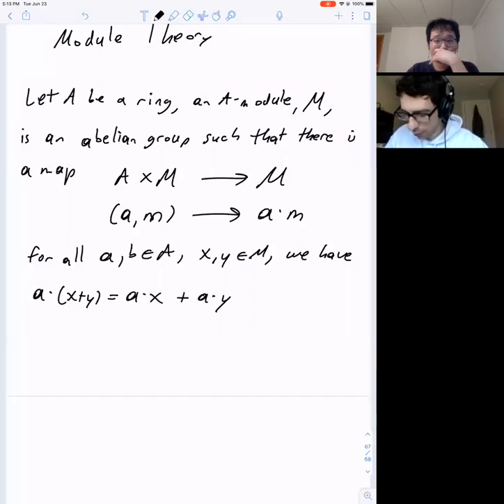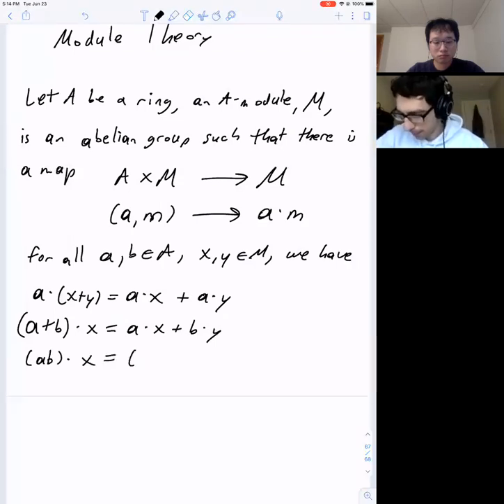We have (A plus B) times X. This also distributes naturally. And then we have an associative property. And we also have this final property.